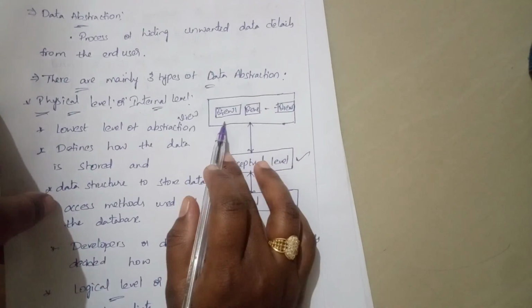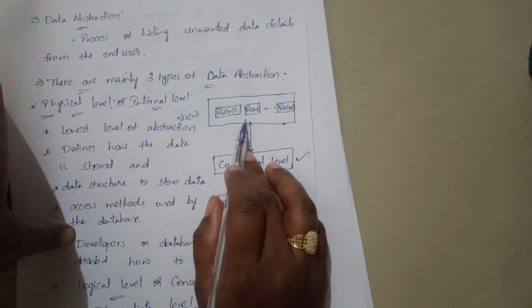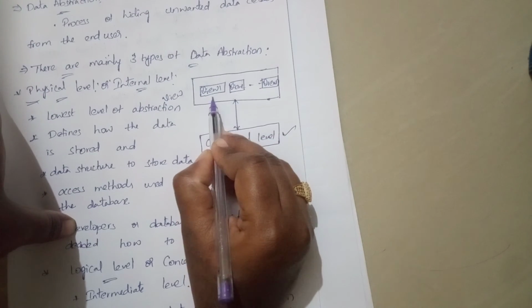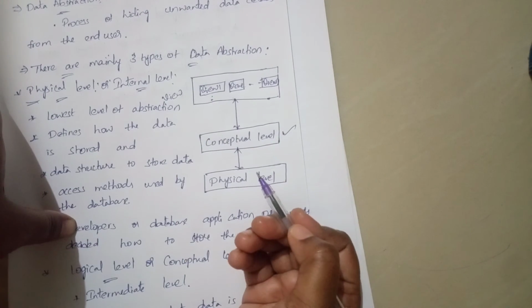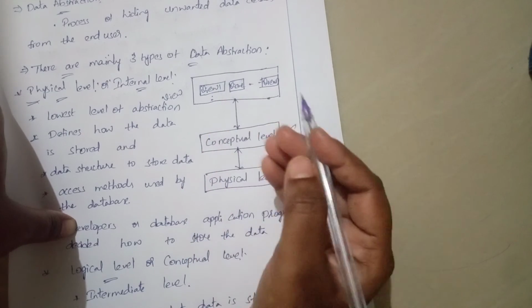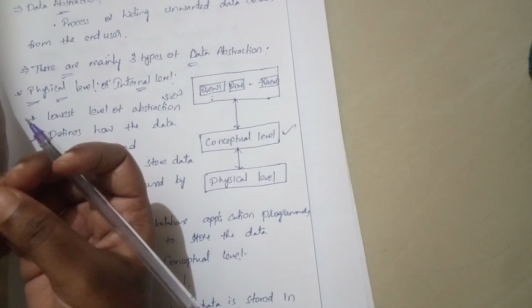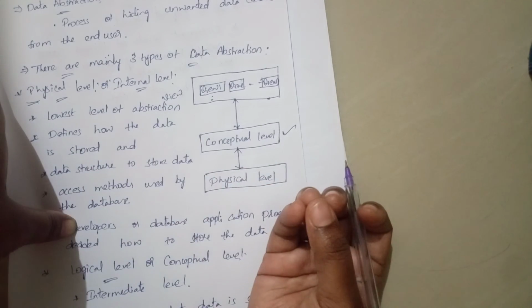The view level contains many views, and every view only defines part of the entire data. In this level the user interacts with the database using the graphical user interface, enters queries, and based on the queries gets the information from the database.